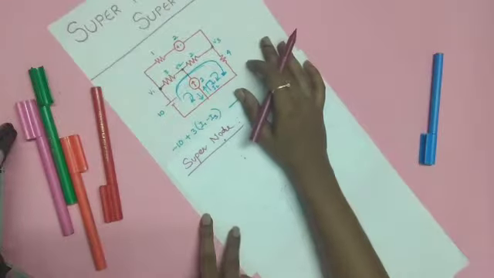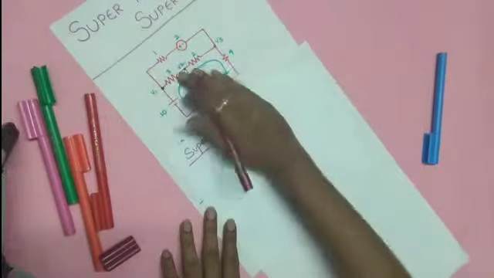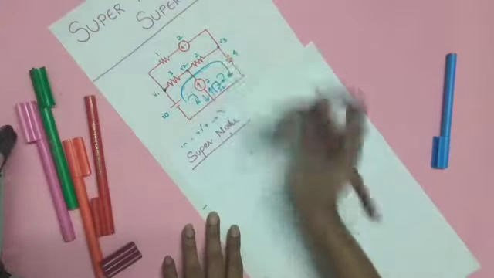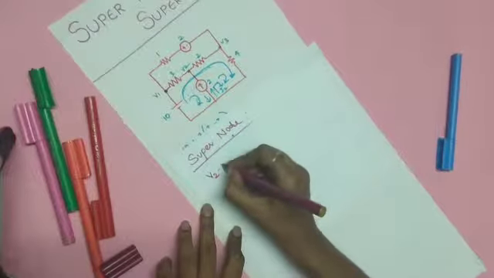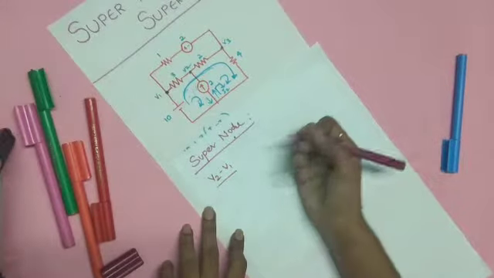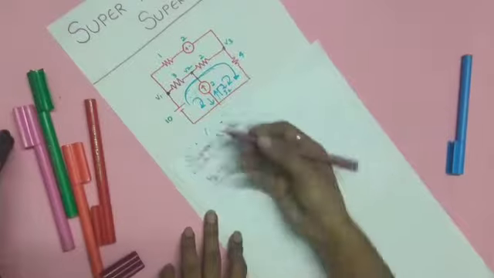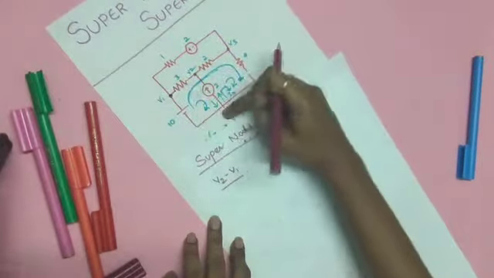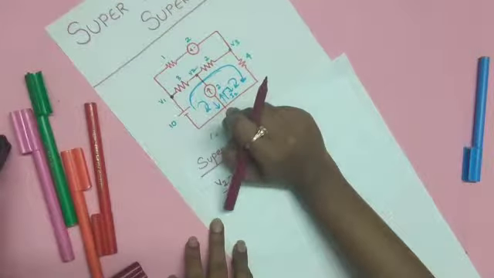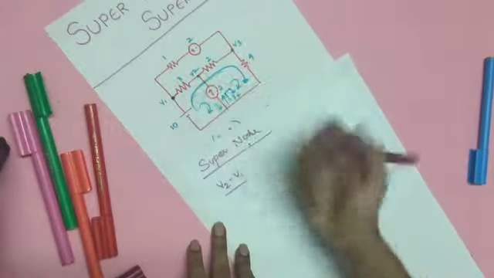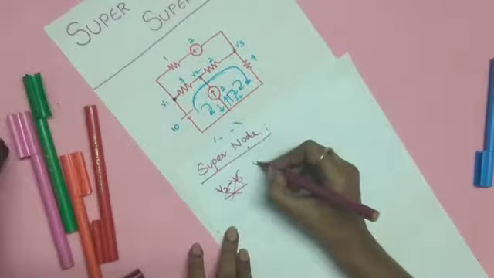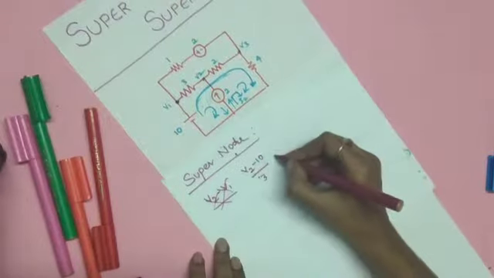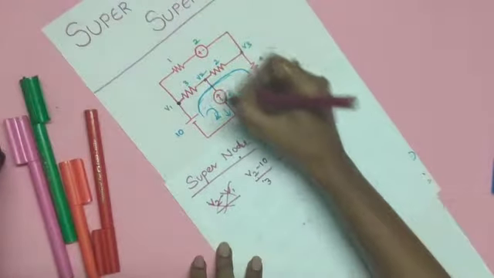So what we have to do is put this node aside and start writing the KCL equation for the remaining two nodes, that is V2 minus V1, or you can directly take V1 as 10 volts because there is no other element connected in this branch. So V1 equals 10, so you can take it directly, that is V2 minus 10 by 3, and the current is entering here.